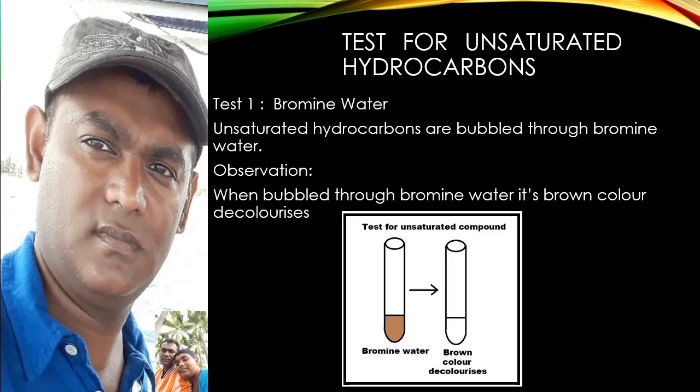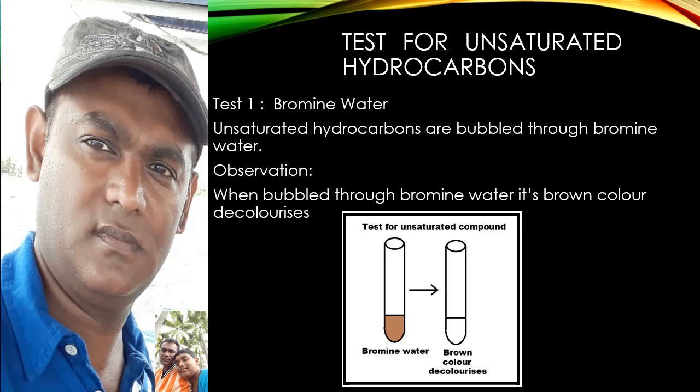Therefore, to test between unsaturated hydrocarbon and saturated hydrocarbon, the compounds can be bubbled through bromine water. Only unsaturated hydrocarbons will give a positive test, whereas there won't be any reaction with saturated hydrocarbon.